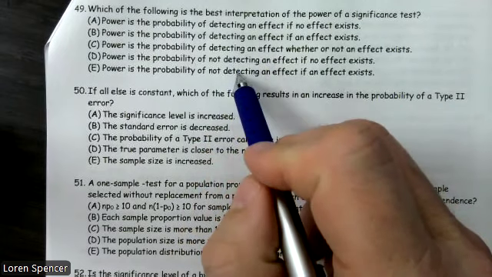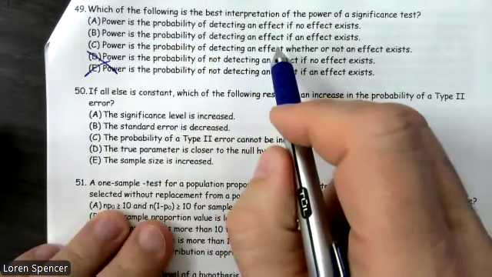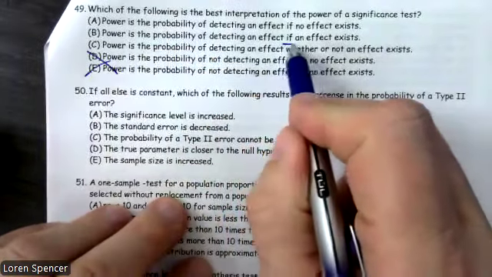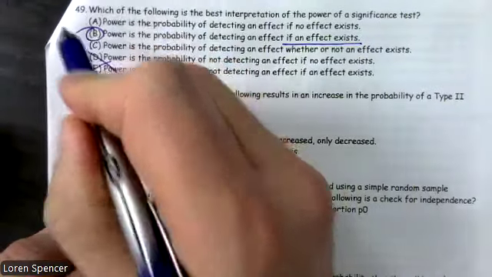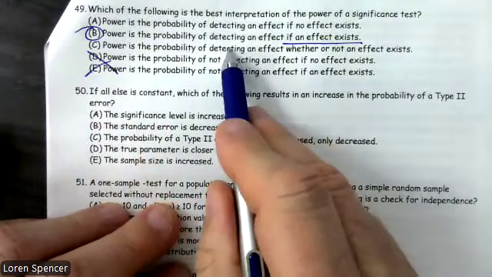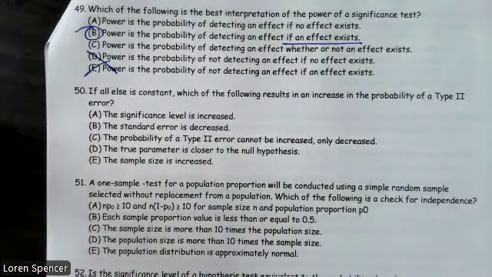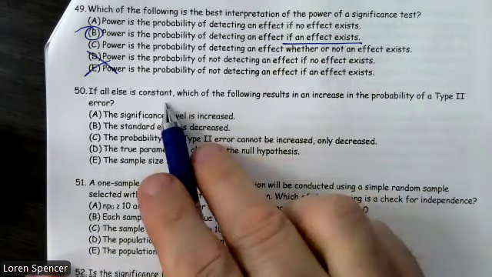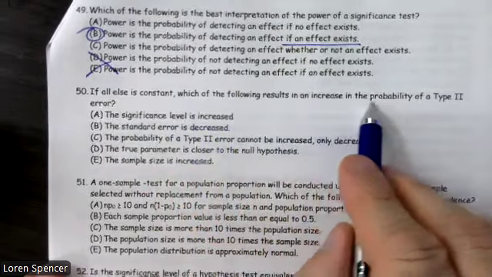So I have to detect an effect. So that gets rid of these. If the effect actually exists. All right. If it actually exists, so I detected it because it exists. And if it exists, I should detect it. I do detect it.